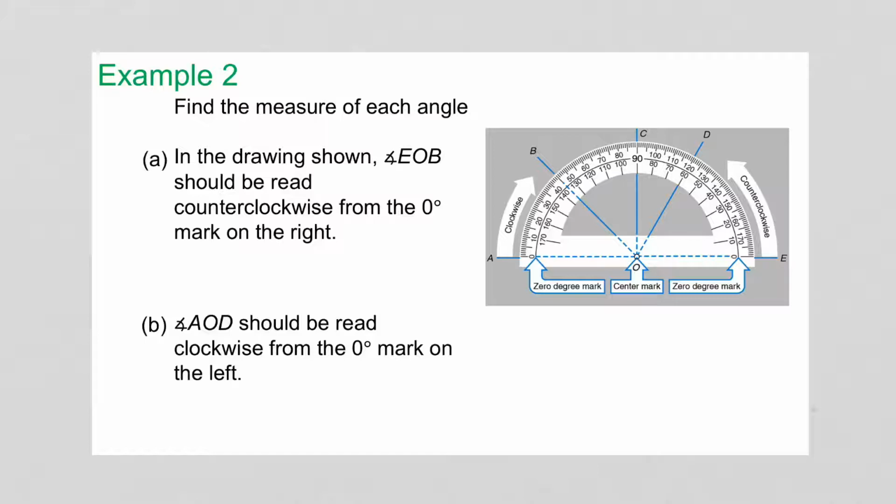Find the measure of each angle. So we're looking first at angle EOB. That's this angle. And so since the ray or the side is on the right over here, then we need to measure counterclockwise, and we can see it's 135 degrees.